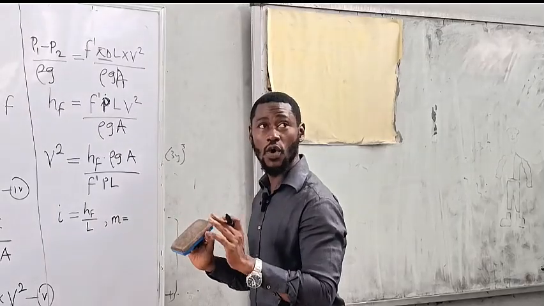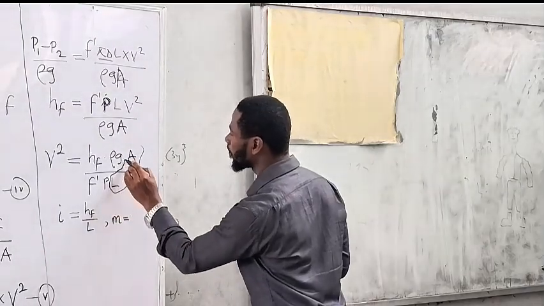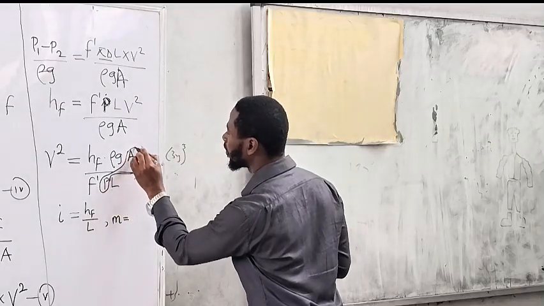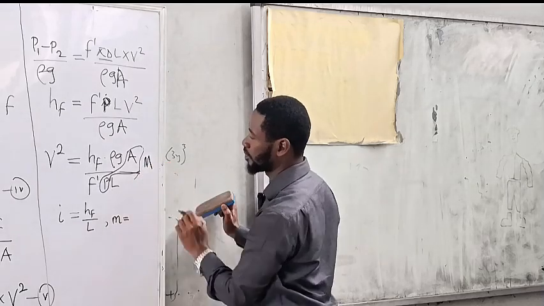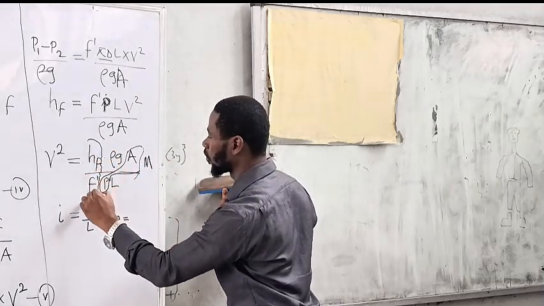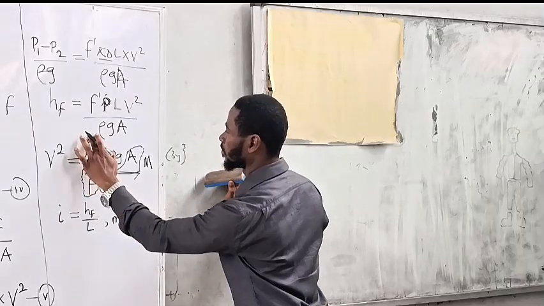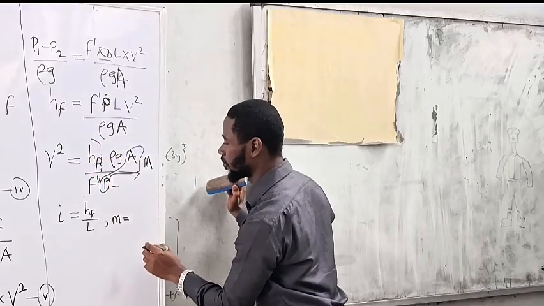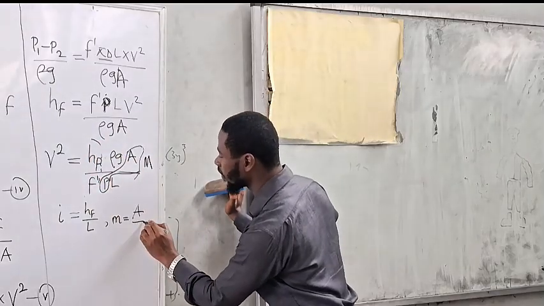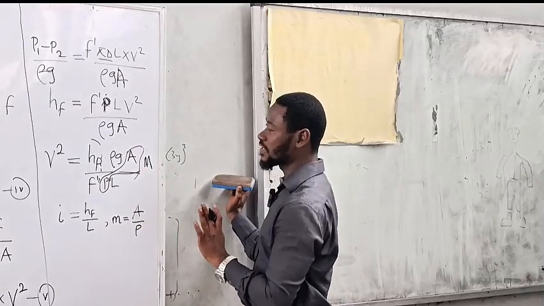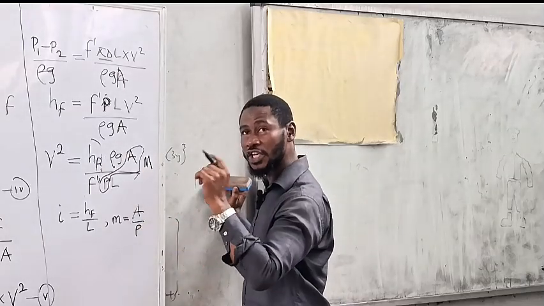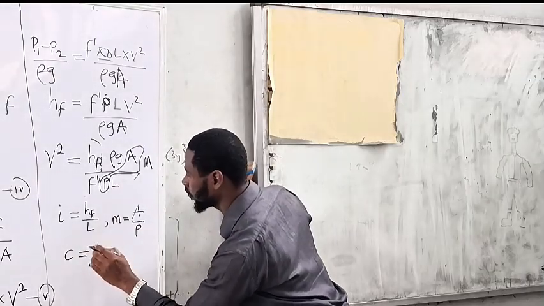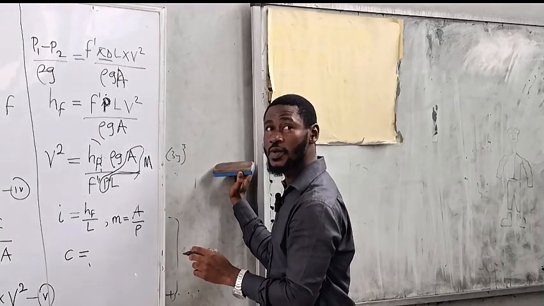M is what? A over P. So A over P is M, and H over L is I. Then the last term that you are seeing in the equation is representing the Chezy constant C. So C is what?